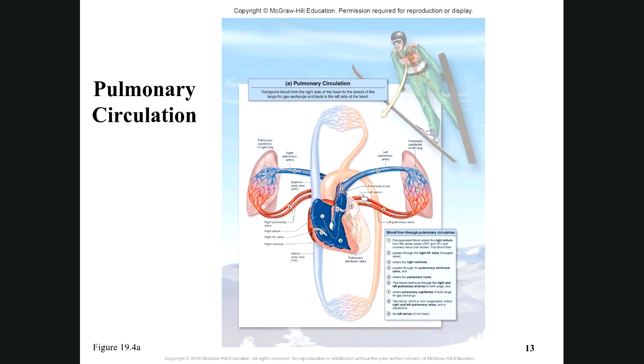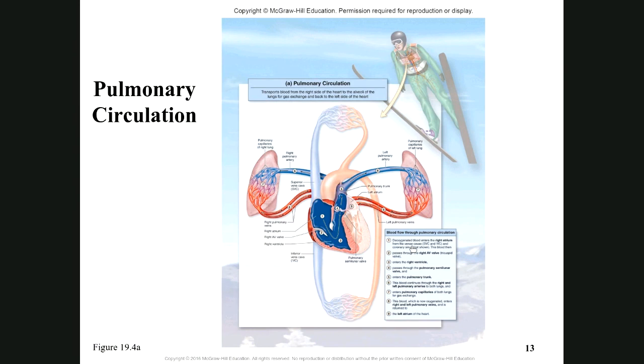These right and left pulmonary veins bring blood to our left atrium. So the pulmonary circulation starts from the right atrium and ends in the left atrium. And in this circulation, we want to exchange carbon dioxide with oxygen.